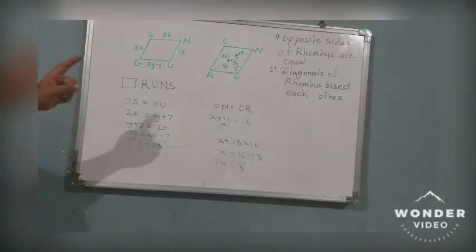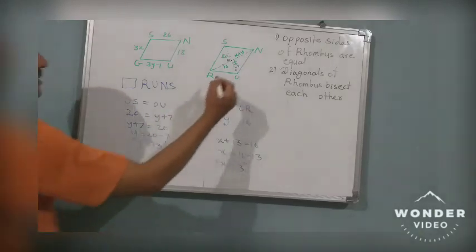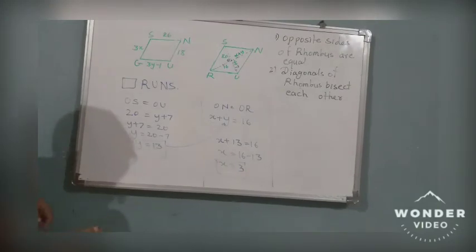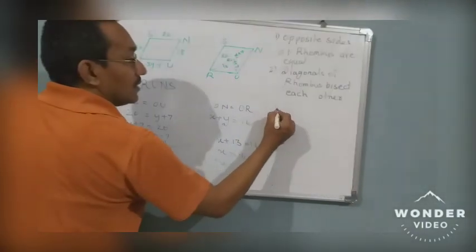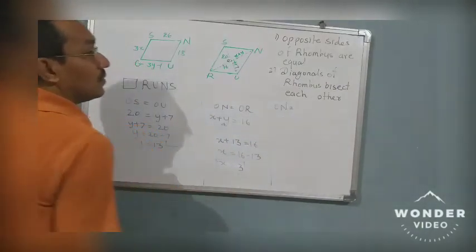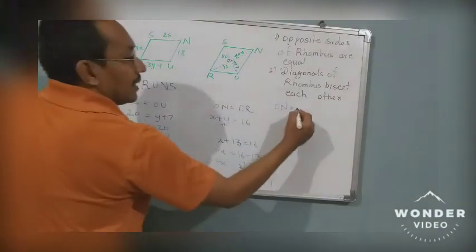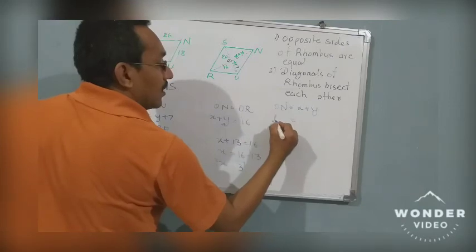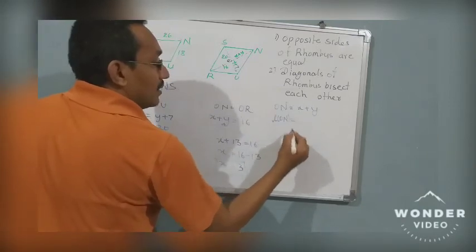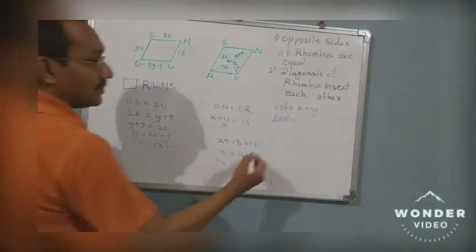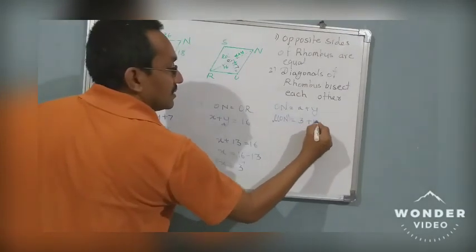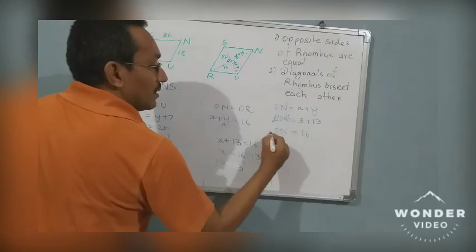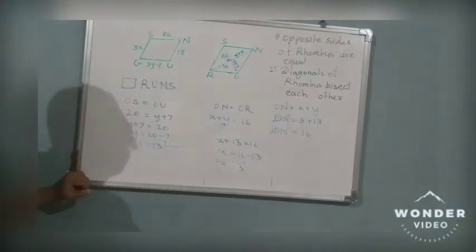Now next we have to find the length ON and length OU. So length ON is equal to x plus y. Here I will write length ON is equal to, what is x? That is 3. What is y? That is 13. How much am I getting? That is 16. So length ON is equal to 16.